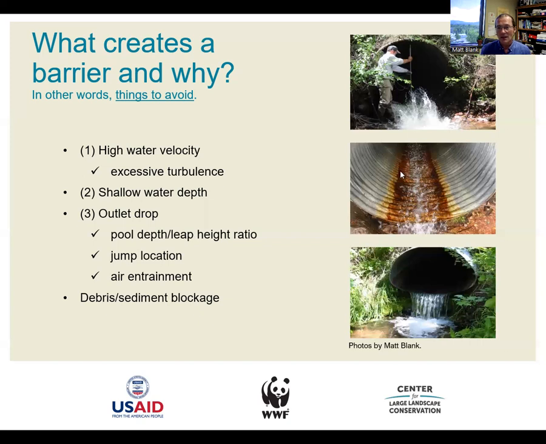The second type of barrier is when the water is too shallow within the structure itself. It's simply not deep enough for the fish or other aquatic species to move through it. The third most common type is what's called an outlet drop, which is the distance from the water surface in the structure to the height of the water downstream of it. That creates an outlet drop, and therefore would require the fish to leap into that structure.